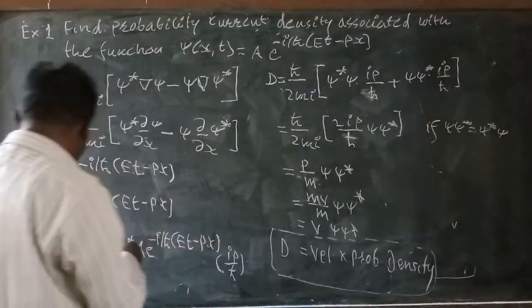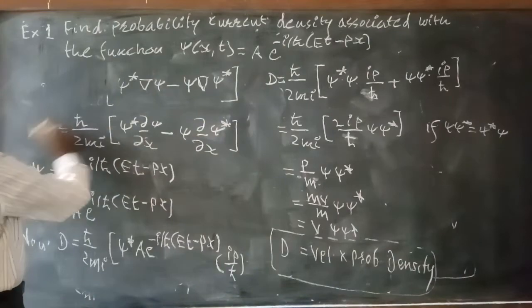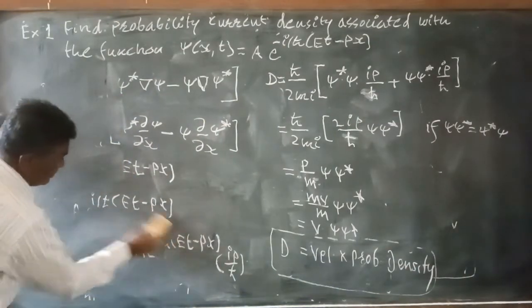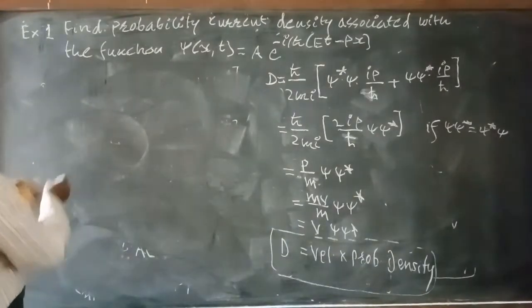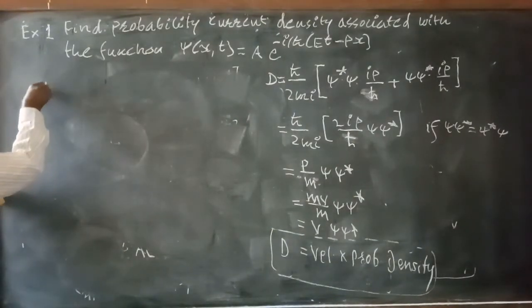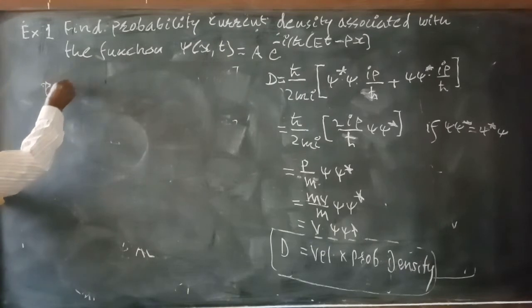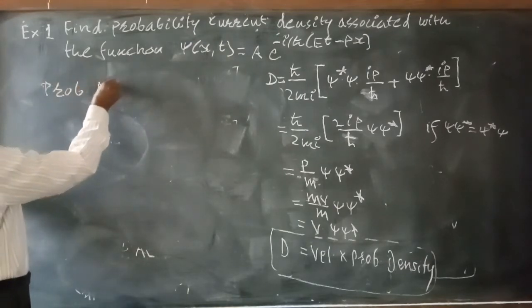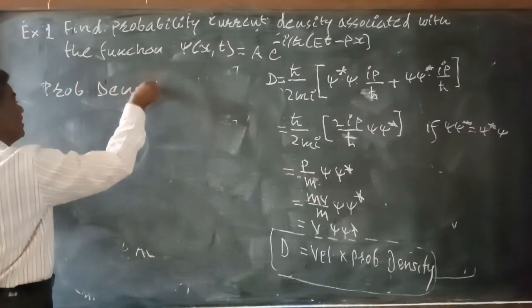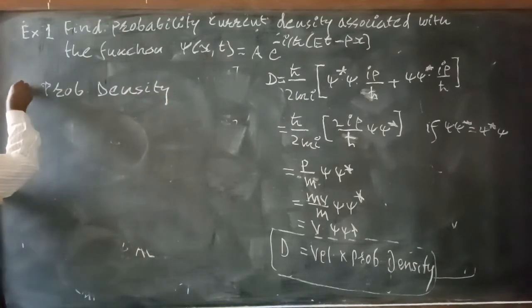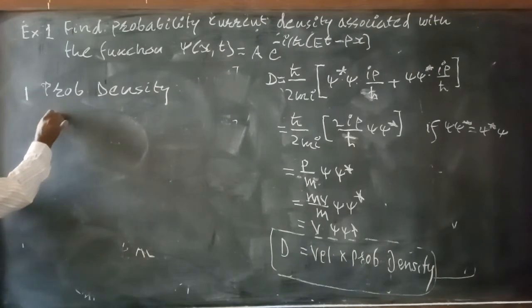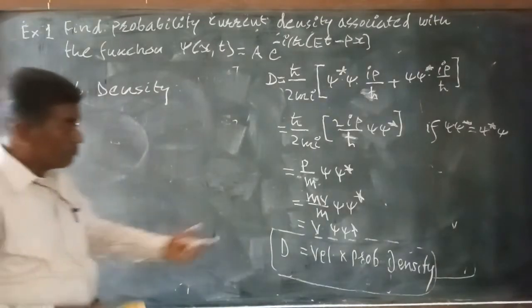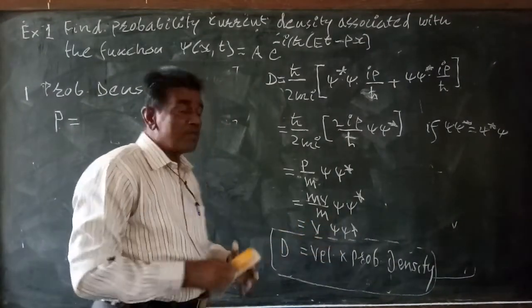So we can define the two quantities here, the probability density and the probability current density. First of all we will define the probability density. The probability density is denoted by the symbol p generally, and it is the product of the wave function and its complex conjugate.